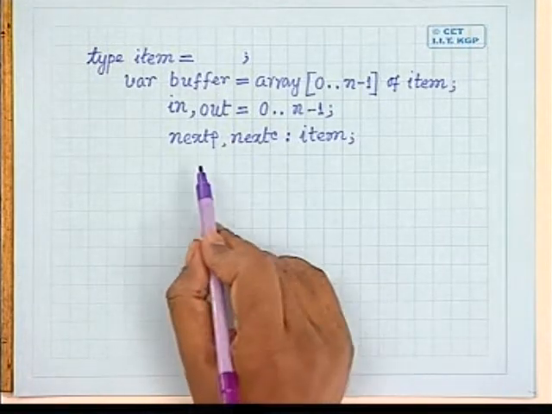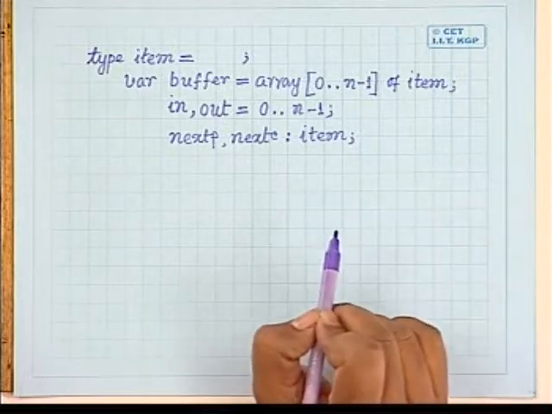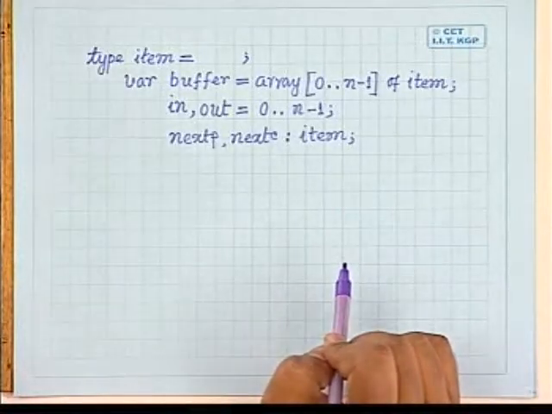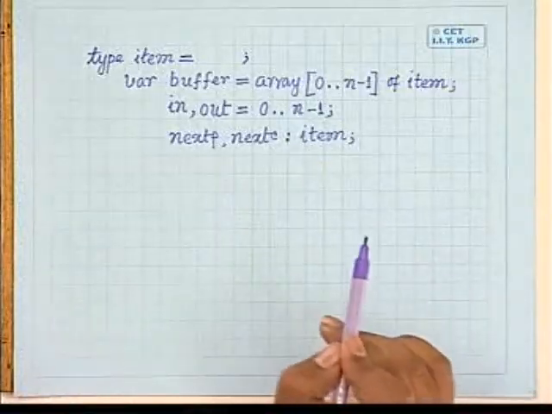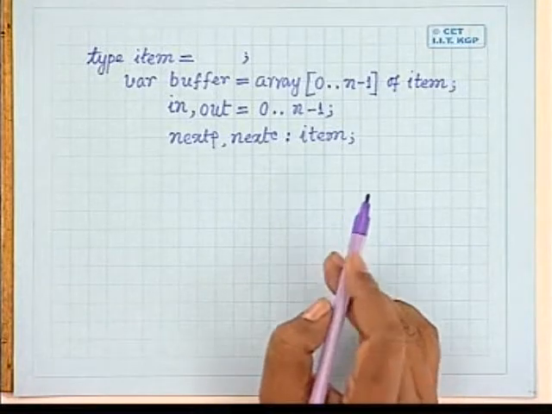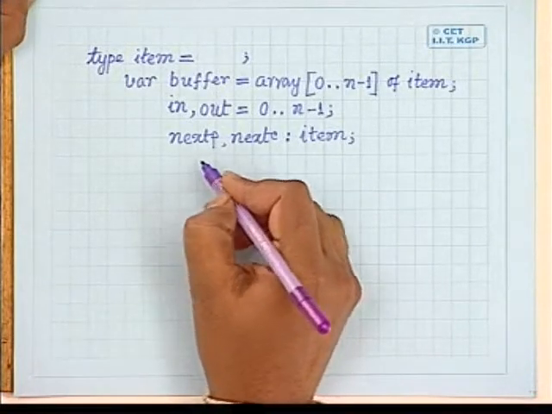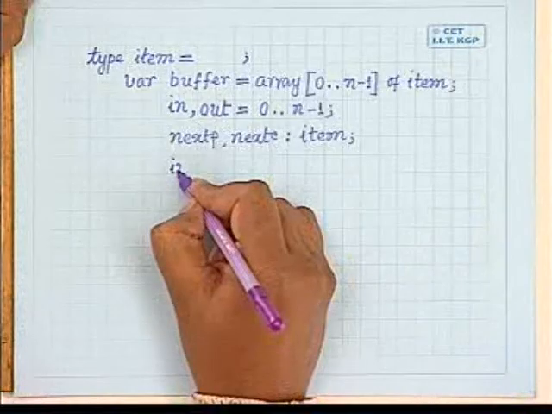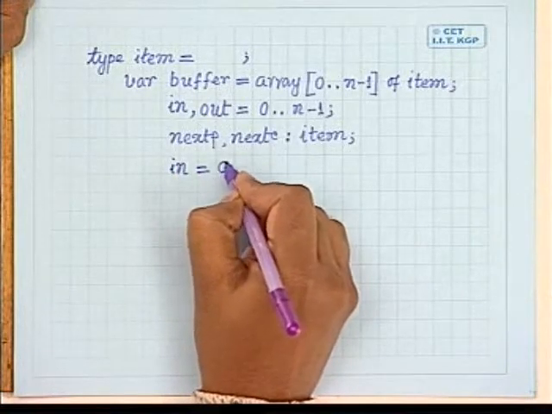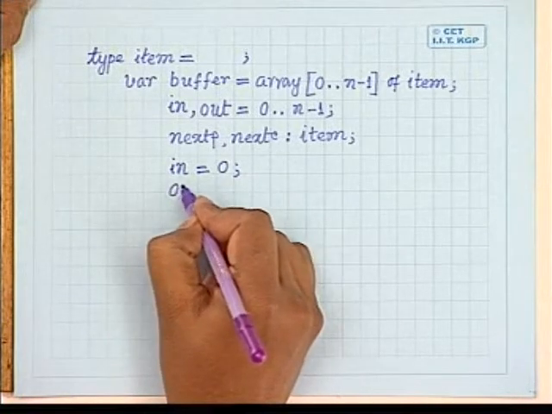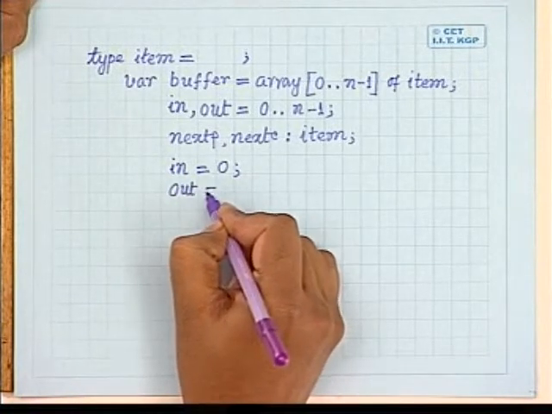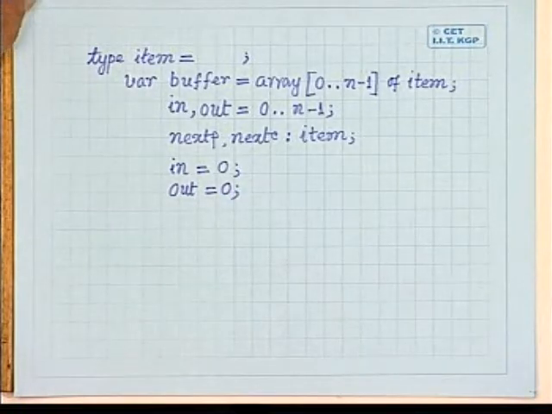Then from next p, it will be loaded into the buffer when some location in the buffer is free. Similarly, when the consumer consumes an item, it takes out an item from the buffer, puts that item into next c, and subsequently the consumer will consume it. Okay, and we will initialize in to 0, out also to 0.